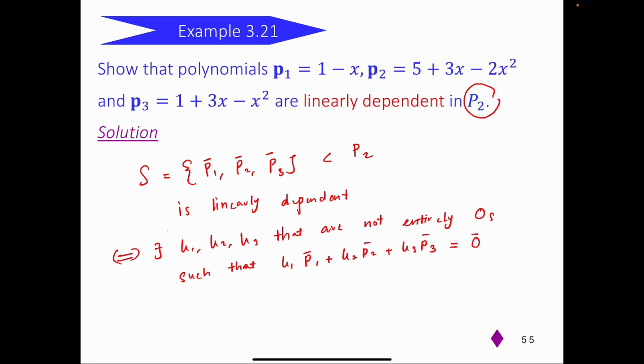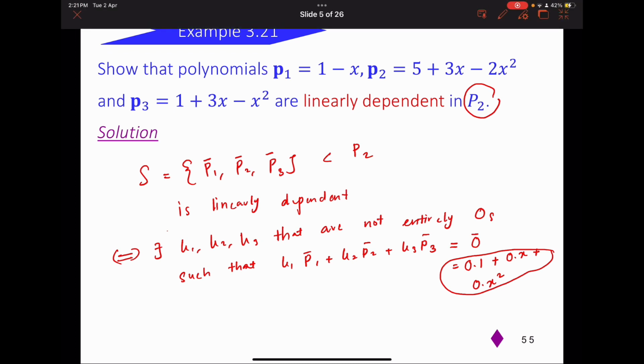Again, it is very important to identify the 0 vector in any vector space, here the vector space of polynomials of degree 2. As we have seen in the previous subtopic, the 0 vector for this vector space is 0 times 1 plus 0x plus 0x squared. This is also a polynomial of degree 2, and this is the 0 vector.